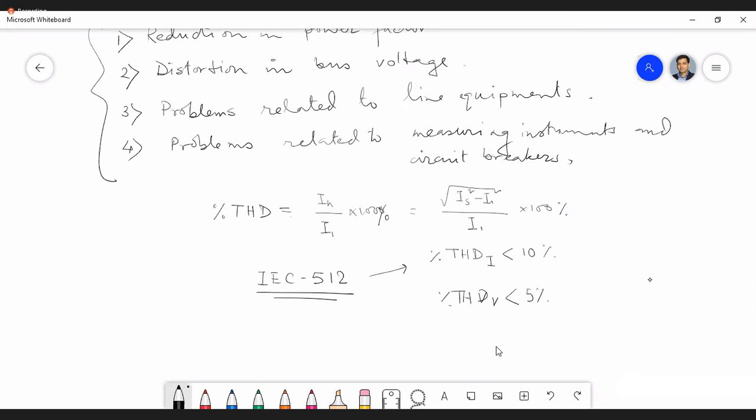So some guidelines are there by this IEC standard only, but there is no guideline for our Indian standard IS. But this THD is a very important term nowadays, and most advanced electronic appliances mention the THD in their nameplate.